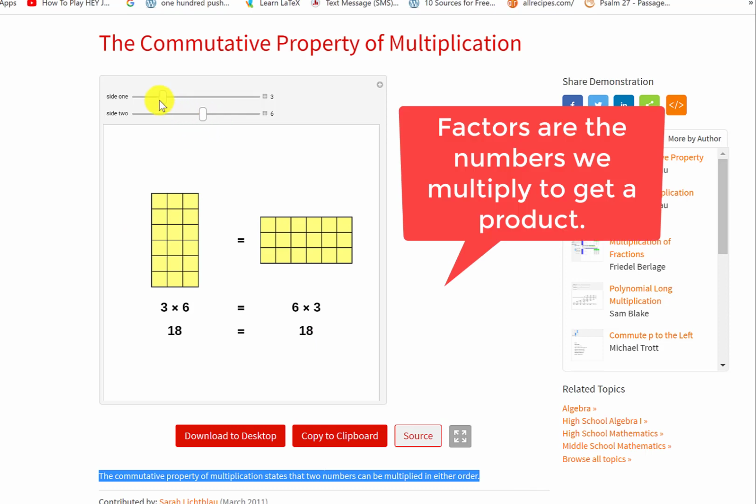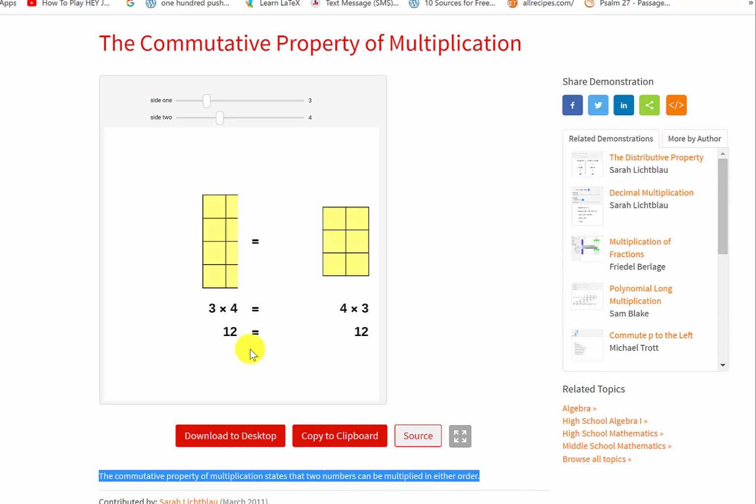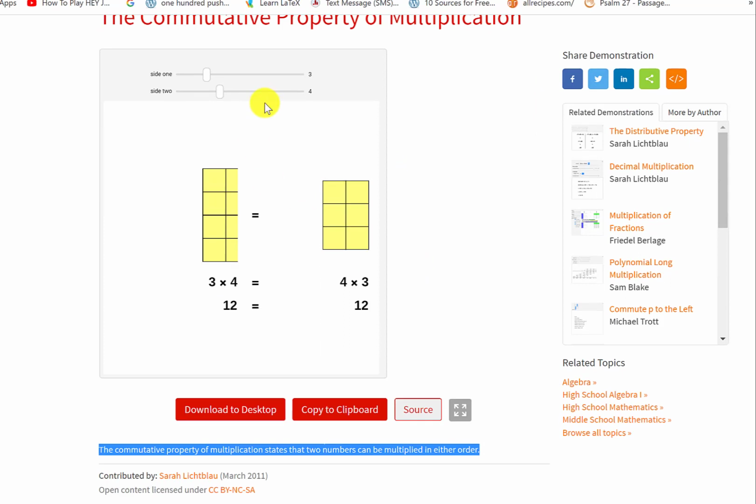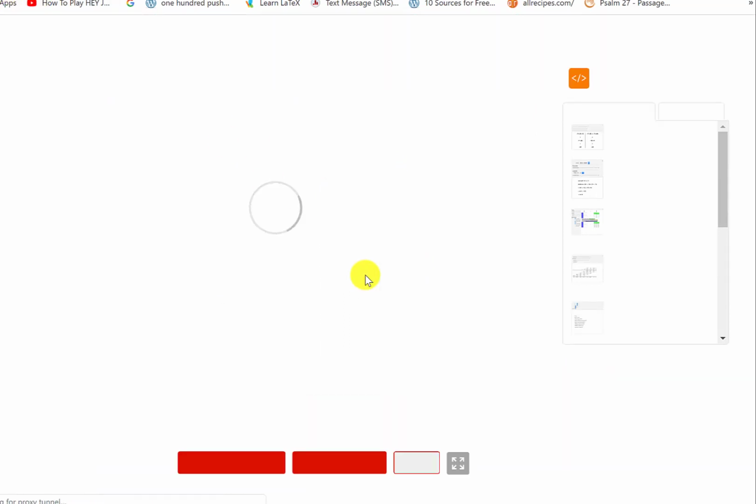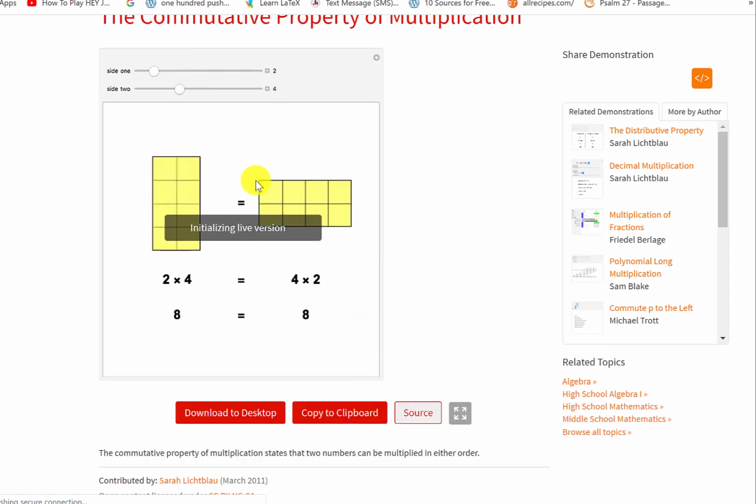And we can play around with these little sliders up here to show that this is always true. Let's see what's going on with our sliders. Oh, looks like the website crashed a bit. Let's refresh. Okay.